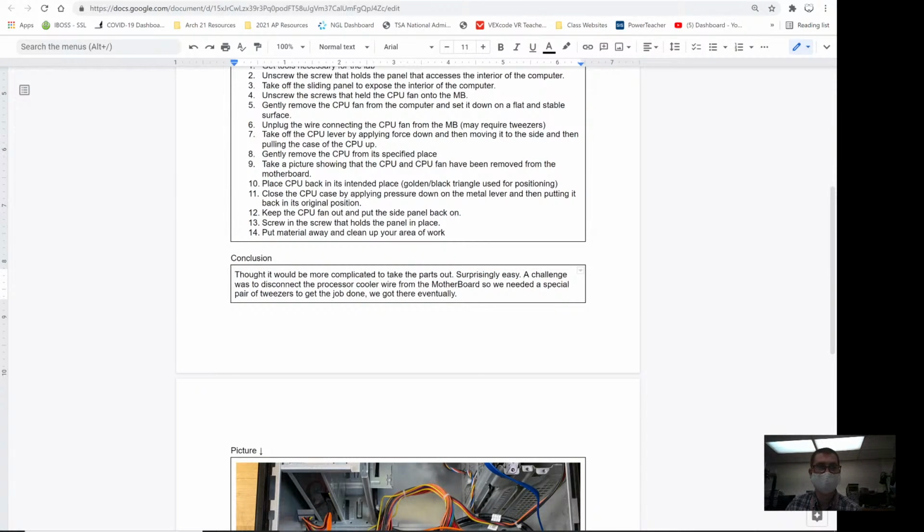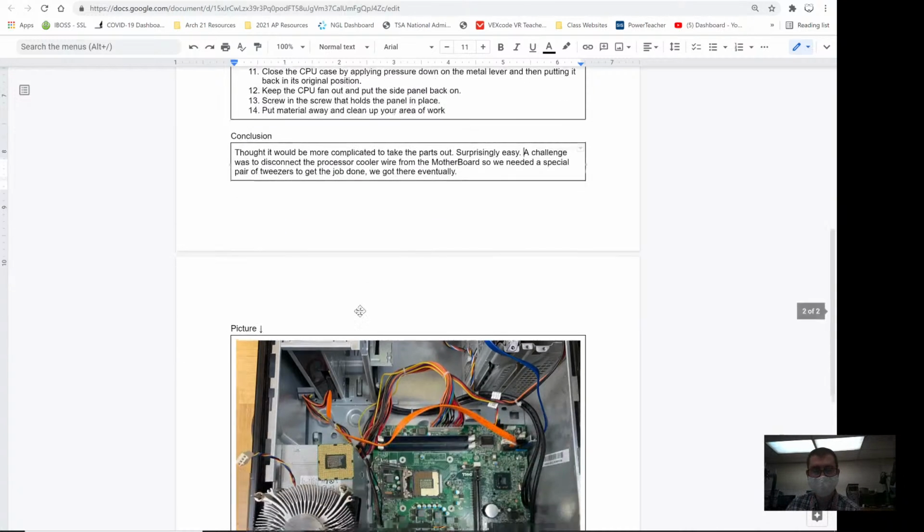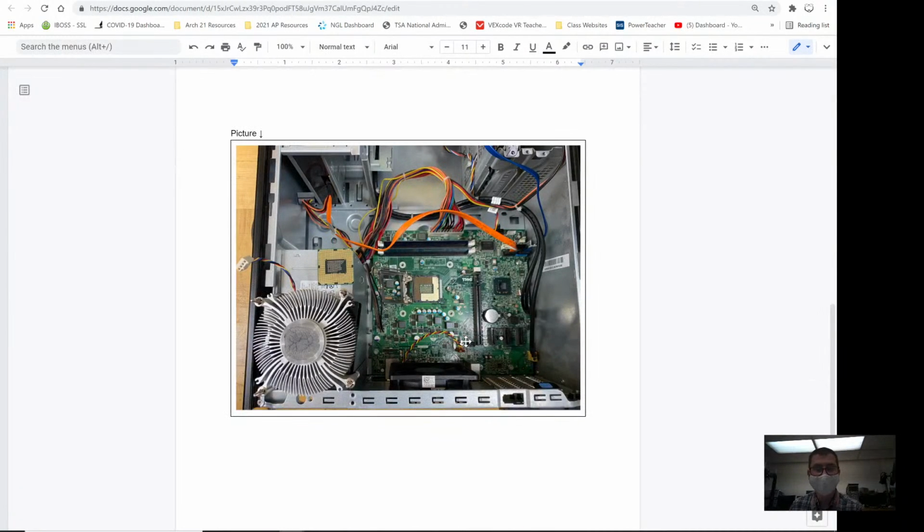It was a challenge to disconnect the cooler wire that actually turns on the fan, and they had to use a specialized tool. Here's an example of the processor that's been removed out of the LGA socket, as well as the thermal paste on the cooler itself. So students will have to demonstrate that they were able to do the activity.